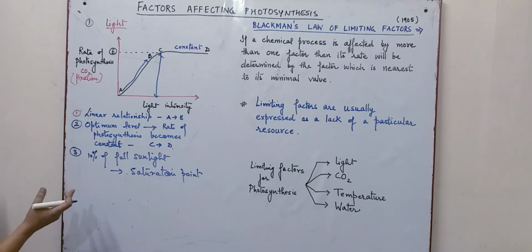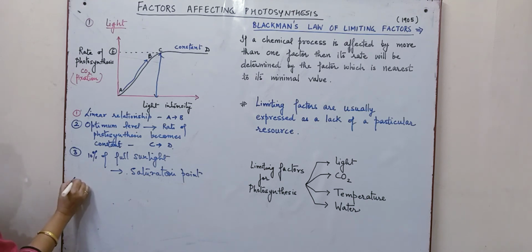So that means plants which are growing in shade or in dense forest have light as a limiting factor. But plants that are found in proper sunlight do not have light as a limiting factor. Light will be a limiting factor for plants which are growing in shade or in dense forest.